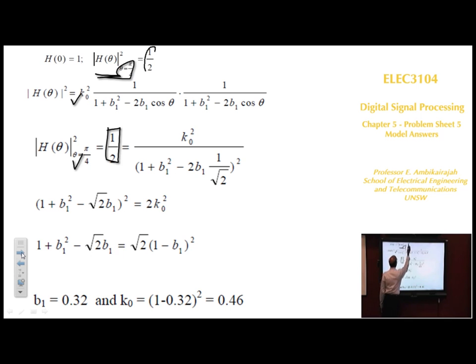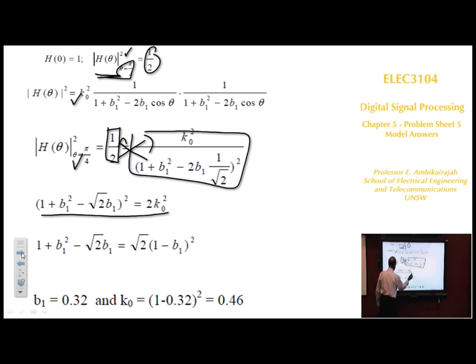Theta equal to pi over 4, the magnitude squared is half. So you end up with that equation. You now cross multiply, you end up with that equation. And if you simplify that further, you end up with that one. And that's a quadratic equation. You simplify. Now you're going to make this a quadratic equation and simplify and find b1.